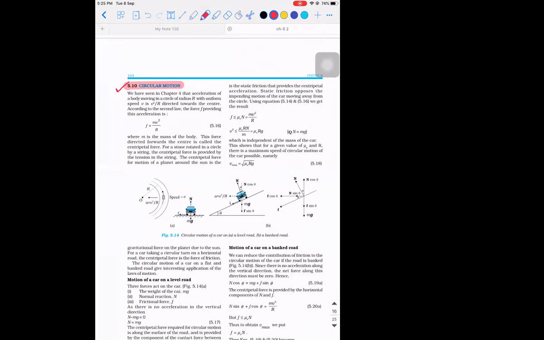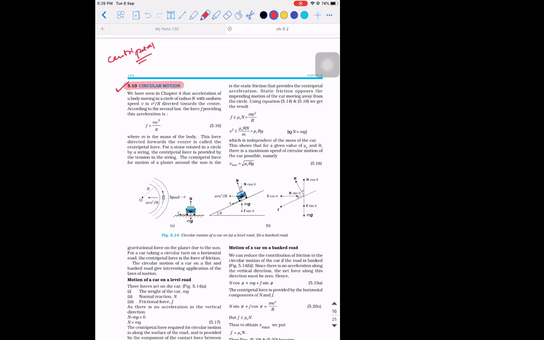When you talk about uniform circular motion, the object is going to experience only which acceleration? Centripetal acceleration.